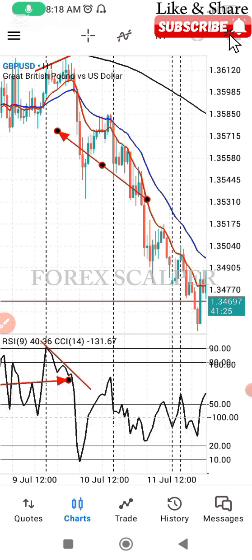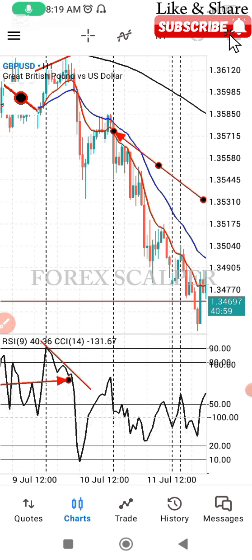Now, watch out for this. So now that we are in a downtrend, when the trend becomes very strong, price will not be able to pull back to the 200 EMA. Very important. When the force of the market becomes very strong, price will not be able to pull back to the 200 EMA.